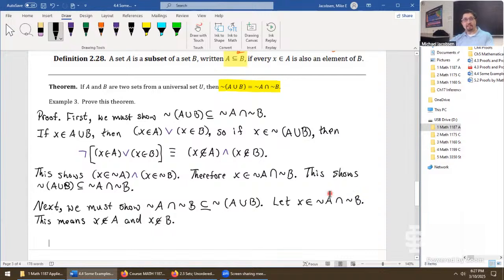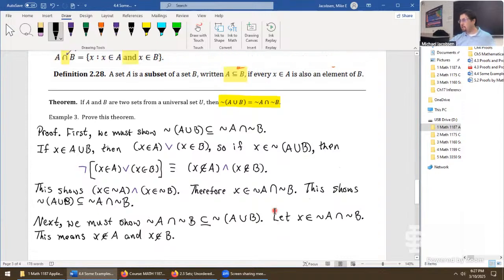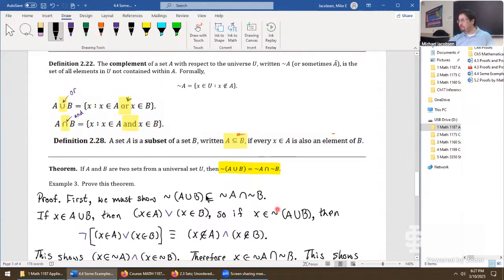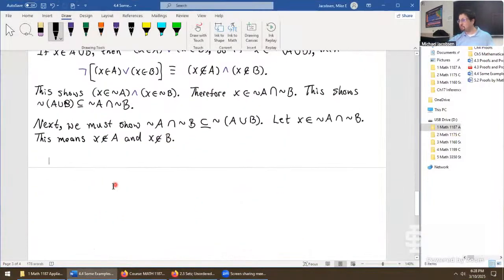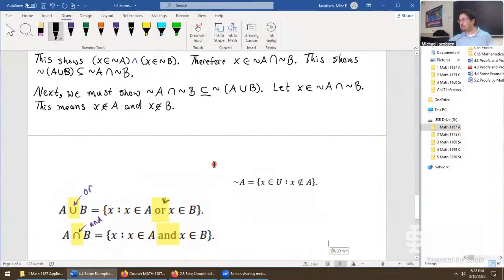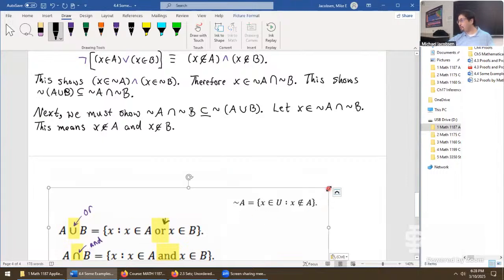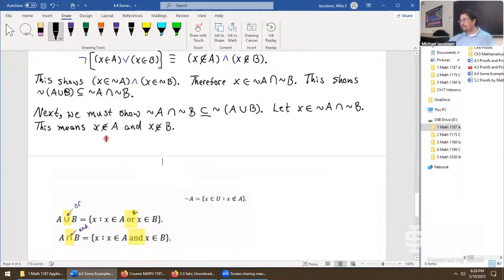So X can't be in A, and it can't be in B as well, if it's in the complement of A and the complement of B. But now, apologies for the scrolling, let's grab these just briefly. Now we can use this information here, the definitions with the subsets, to see how we can go forward from that spot. X is not in A, X is not in B.